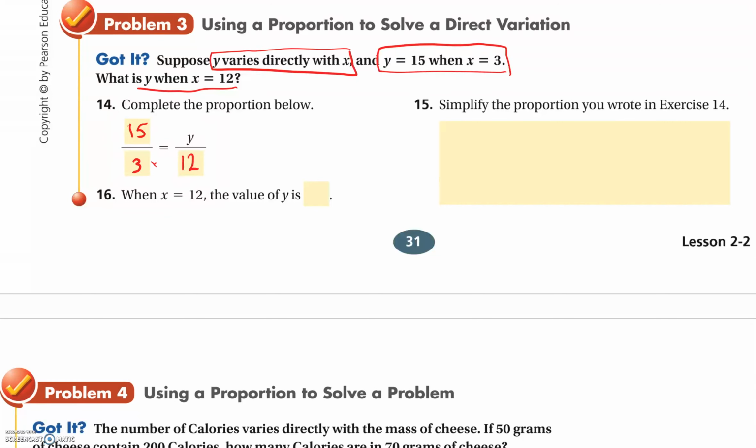We can see that it's times 4, and then this would be times 4 because we want to go by the same factor. Simplifying the proportion is what we looked at earlier, but using the cross product is a nice quick way to solve. So we take 15 times 12 equals 3 times y.